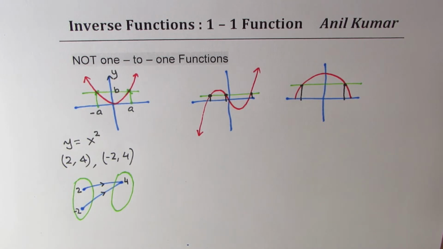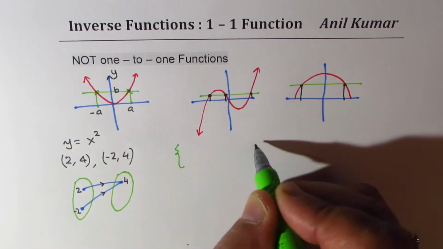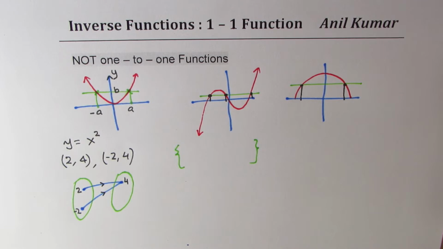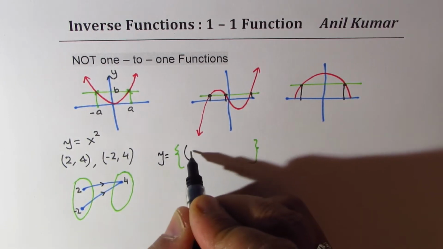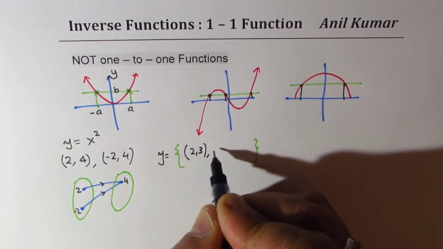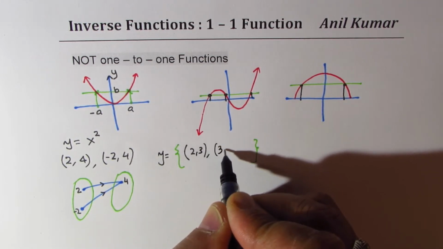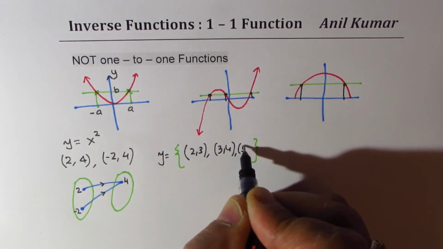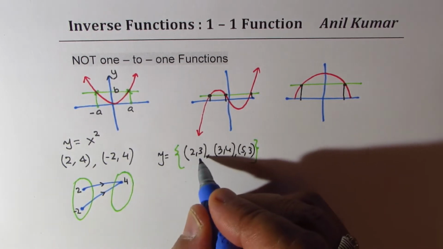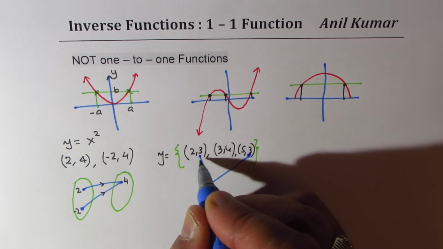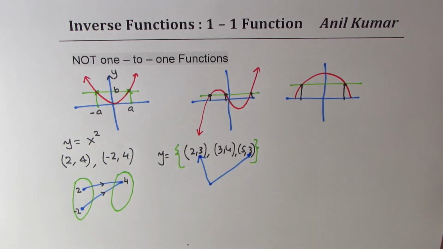So I could actually write functions of the form, let me give you a few examples here. Y equals 2, 3, 3, 4, and 5, 3. Now in this particular case, the y value of 3 has been repeated. So that is why it is not one-to-one.